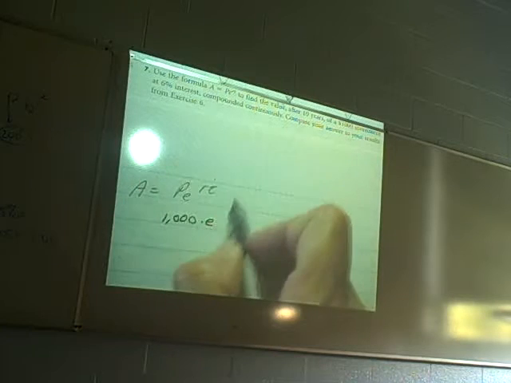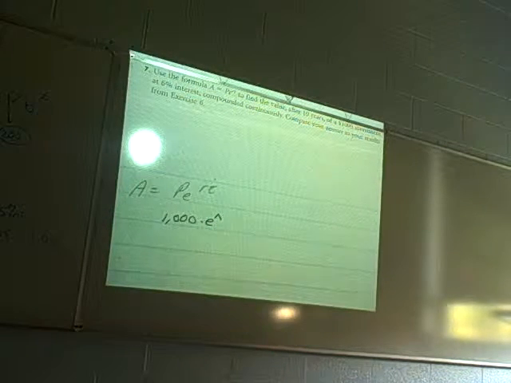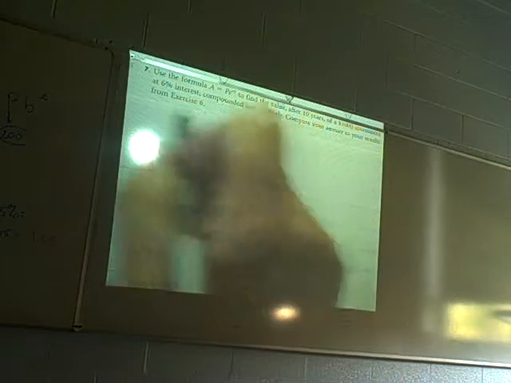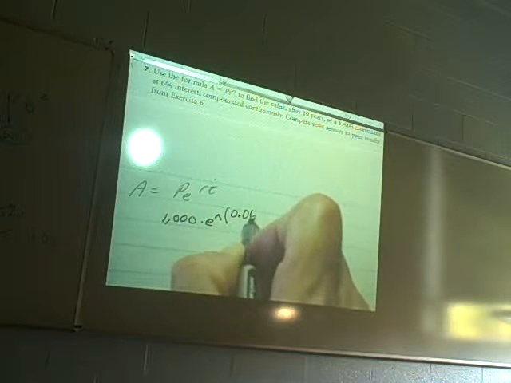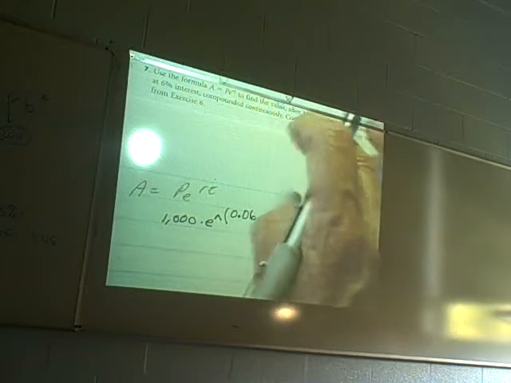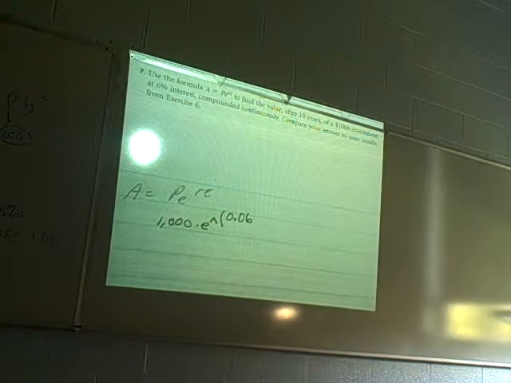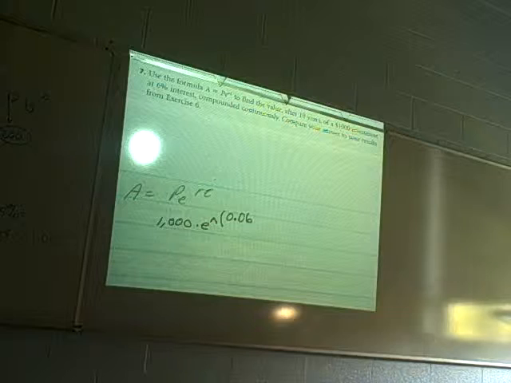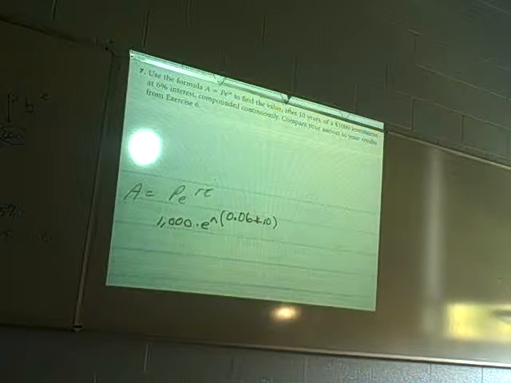My rate is 6%, and remember, when we type this in, we're going to use our caret and 0.06, and it's compounded continuously, after 10 years. Sorry, I knew that there was a 10 in there, times 10.